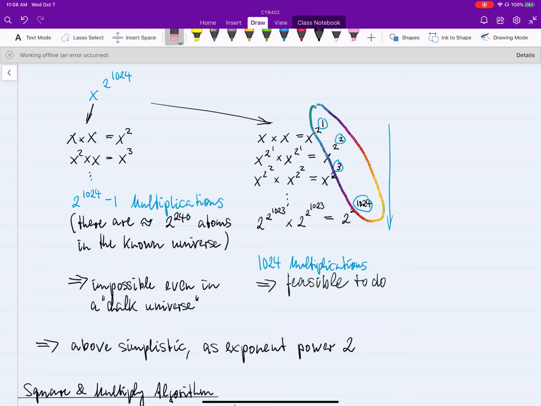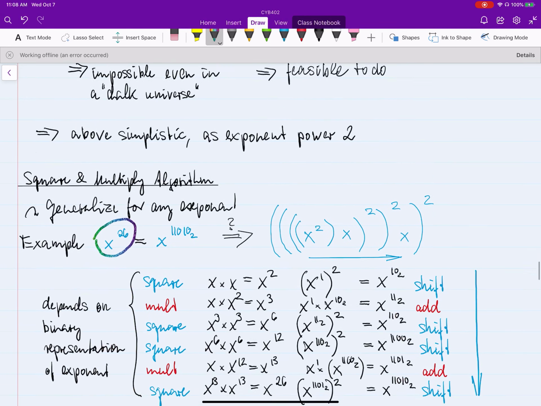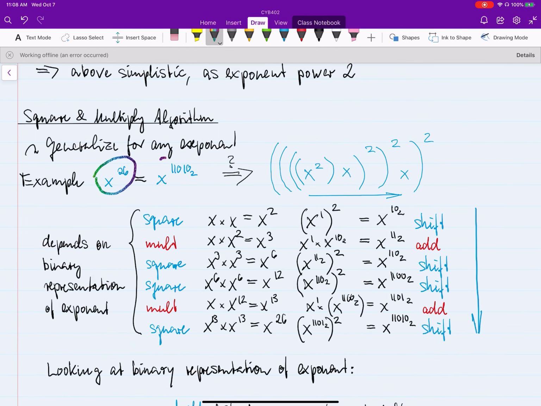So it may be beneficial to just transform the 26 into a binary number. I have already jumped the gun and shown what an efficient exponentiation would look like for 26, so that we can see how a general purpose algorithm could be derived from that.